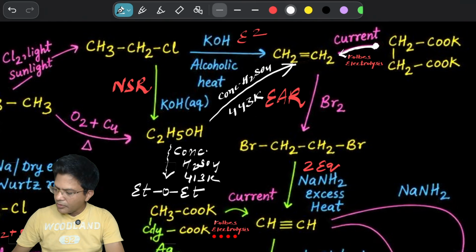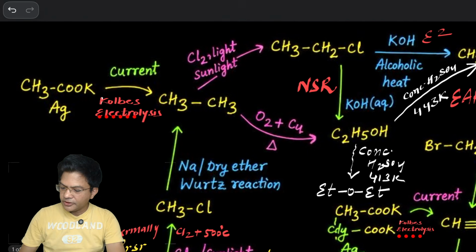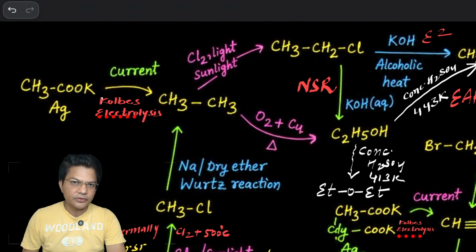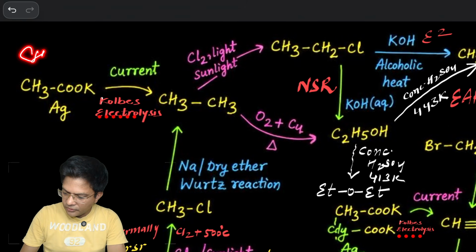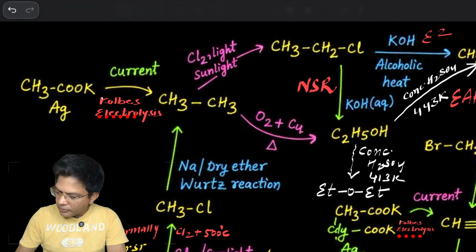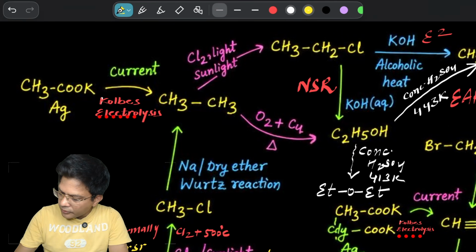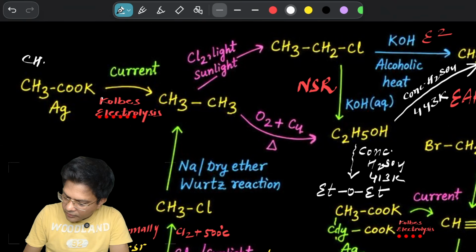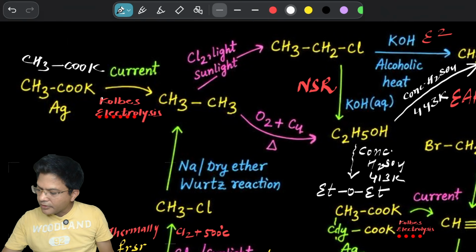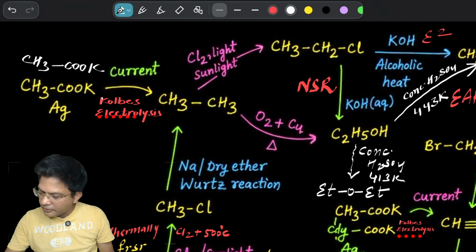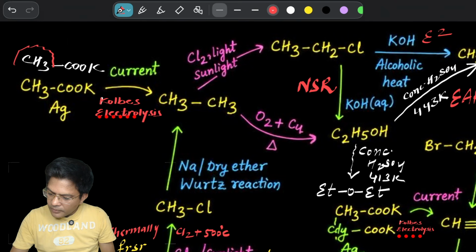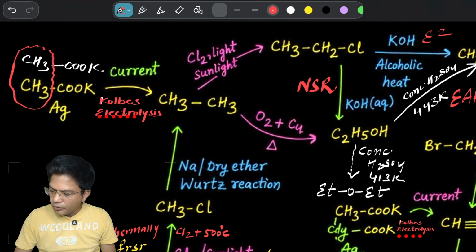Now focus on this reaction, which is Kolbe's electrolysis. If you do Kolbe's electrolysis, just double this compound, CH3COOK. Let me write it down so that you can get proper notes. I'm going to give you a short trick for this. This will form ethane at the anode and 2 moles of carbon dioxide also at the anode.